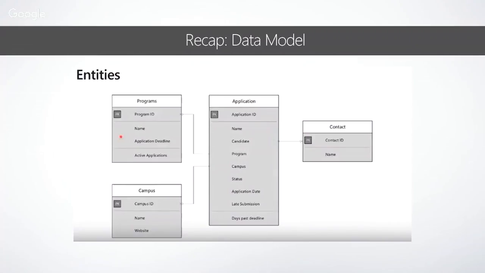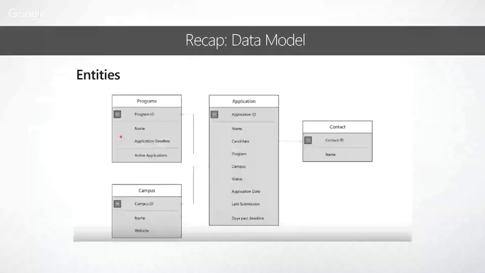In the second session, Anis covered what it looks like to build a form out, as well as creating different views to visualize the different records in a grid view, to see all the different applications coming into the system. The data model is really important when you're thinking about reporting.